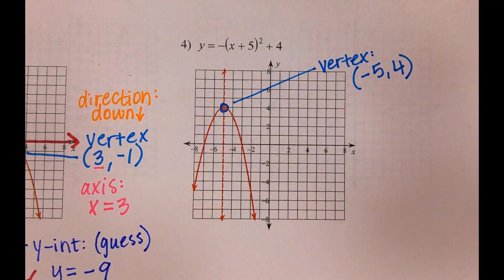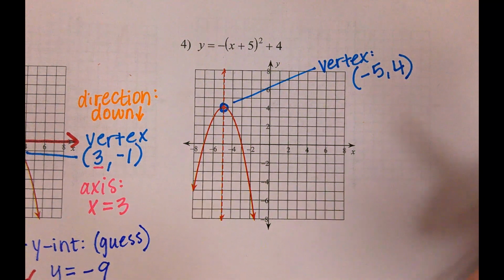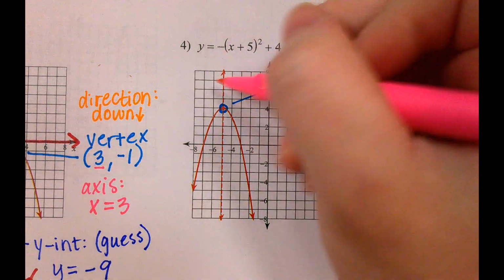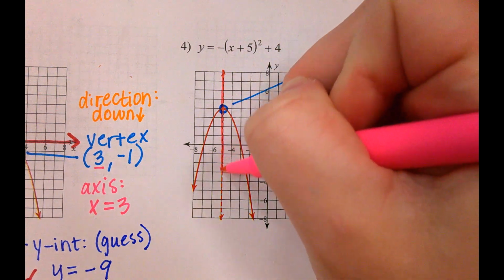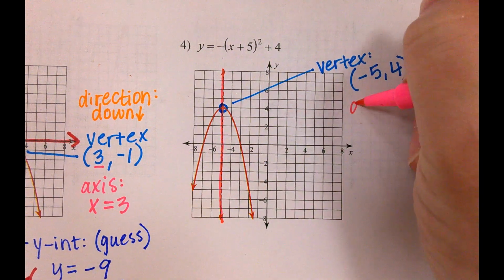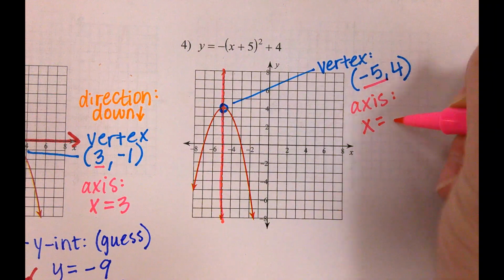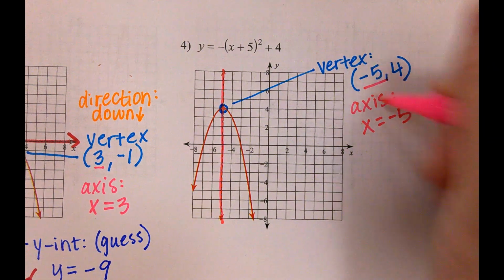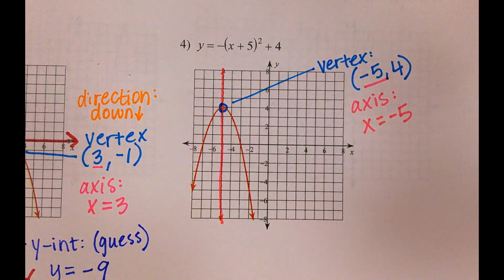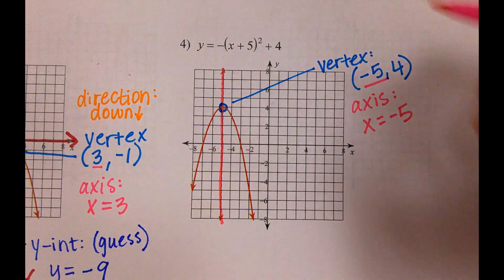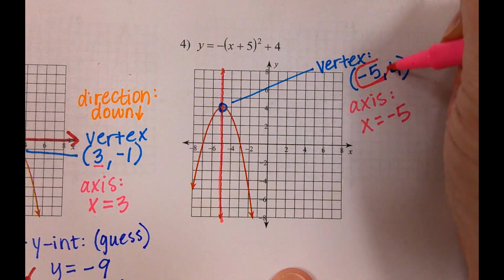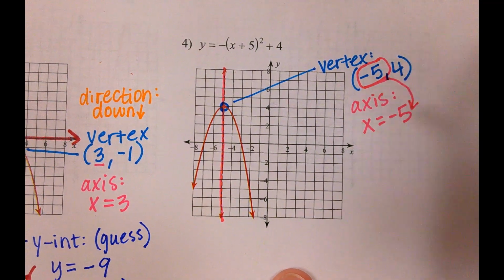Now, how about our axis of symmetry? -5. Good. x equals -5. It's always going to be the same as the x on your vertex. These will always, always, always be the same. That's a really good thing to have in your notes.